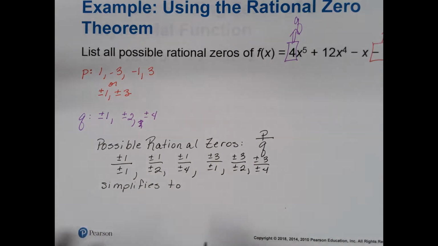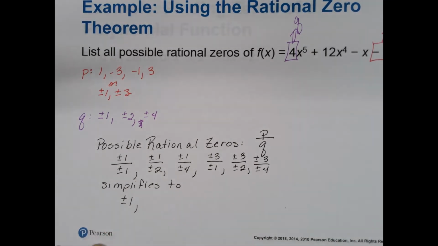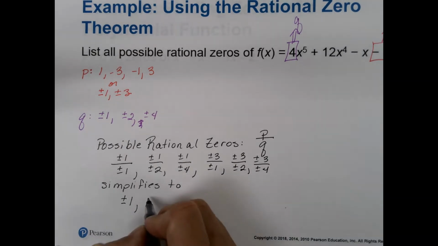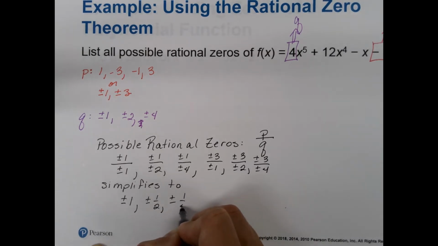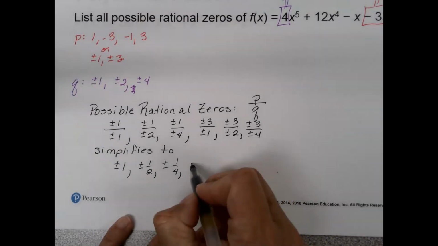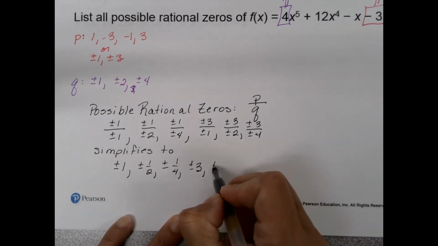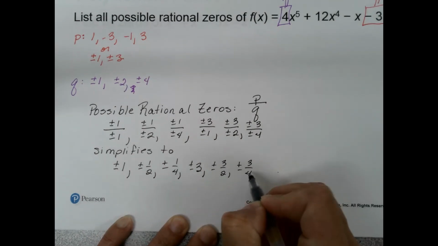Plus or minus 1 over plus or minus 1, that's just plus or minus 1. Next one simplifies to plus or minus 1/2. The next one simplifies to plus or minus 1/4, plus or minus 3, plus or minus 3/2, plus or minus 3/4.